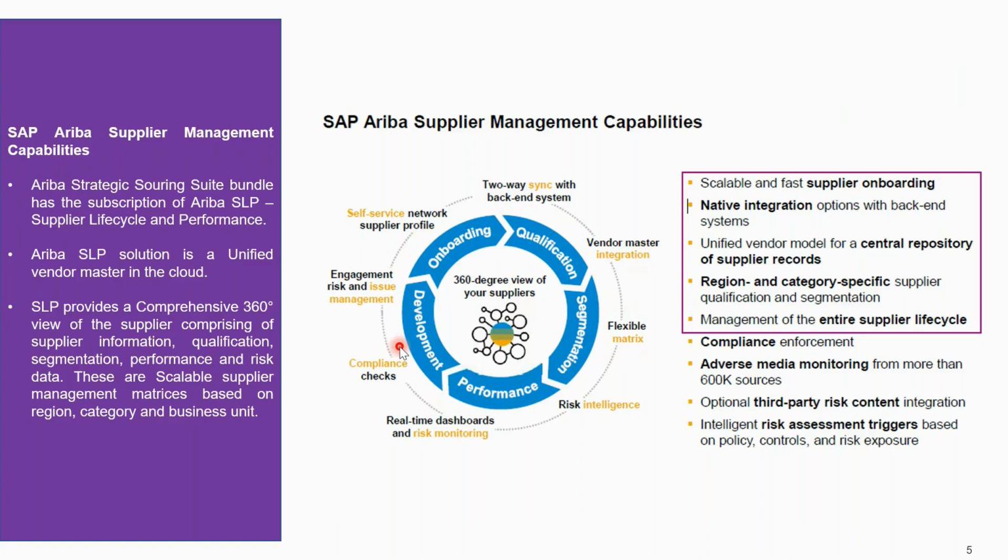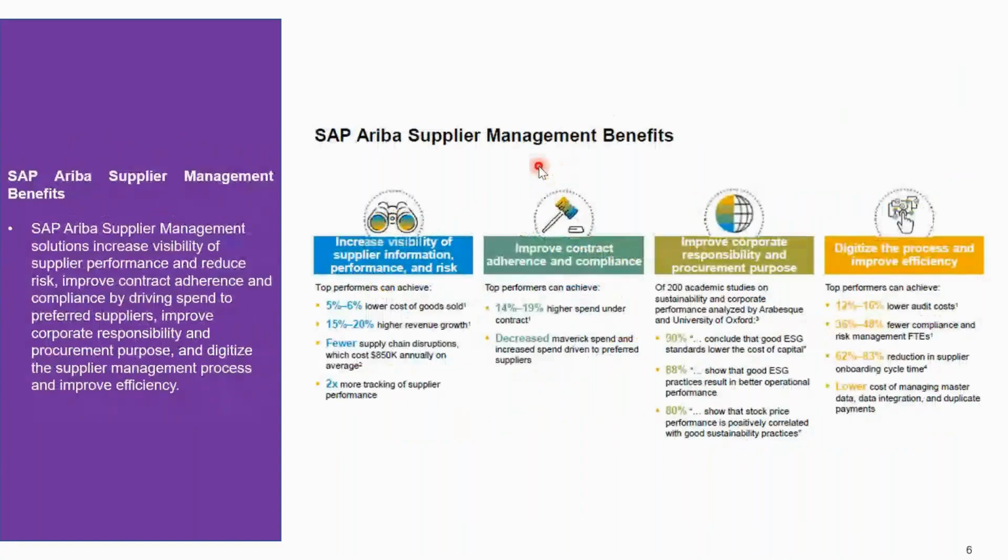So those levels of ground clearances or governance, the compliance check, should also be there. Those mechanisms can be in place in SLP, and we can manage those as well. Okay, so coming back, this is a 360 degree view of your supplier, so you can do all of it in a single UI. This is what SAP Ariba SLP is all about.